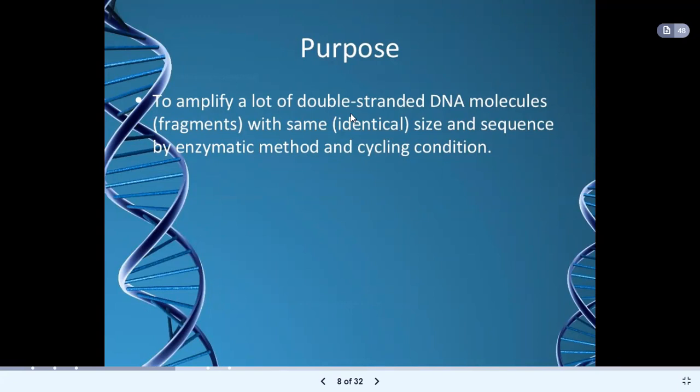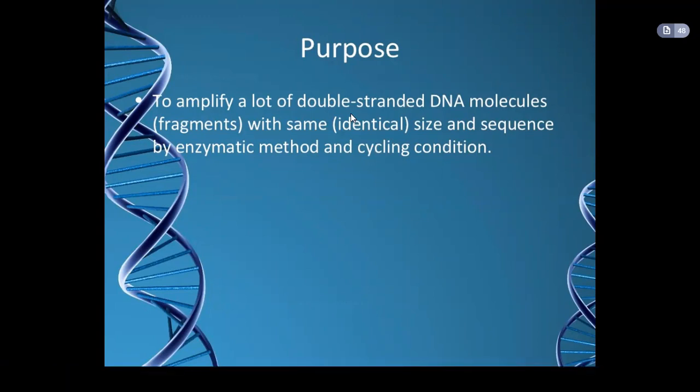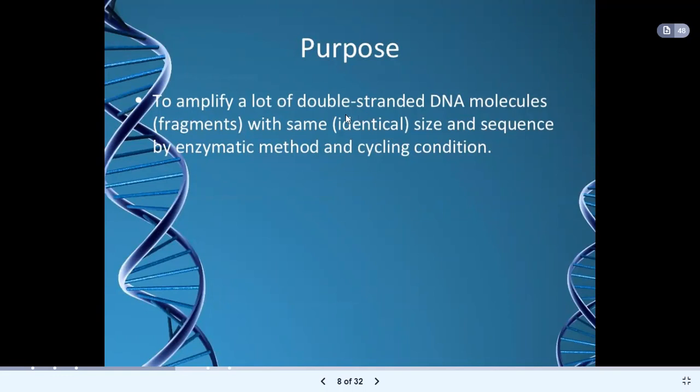The replication process is not natural, it is an artificial technique. So the effective enzyme should be properly incorporated with the machine, which is a cycling machine. In a cyclic manner, it is repeated again and again.